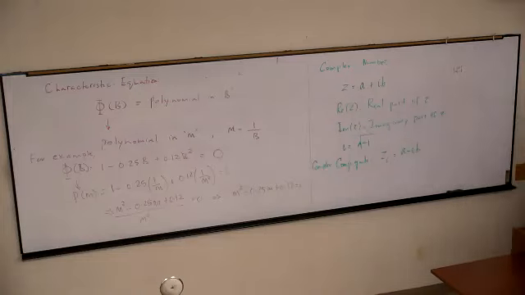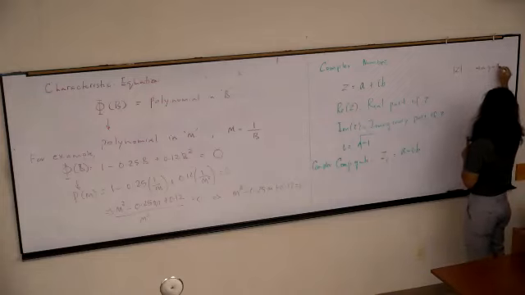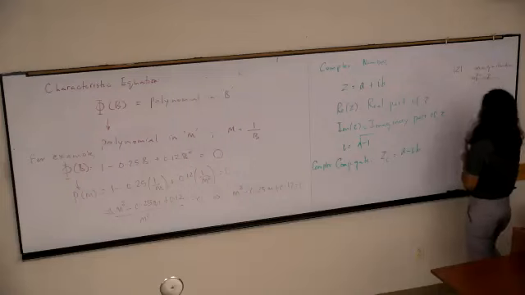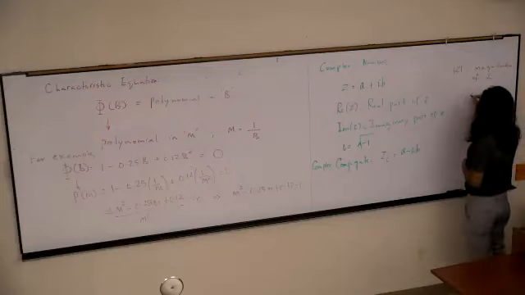The absolute value, but it's not absolute value, rather the magnitude of z. What is the magnitude? The magnitude is simply the square root of a squared plus b squared.